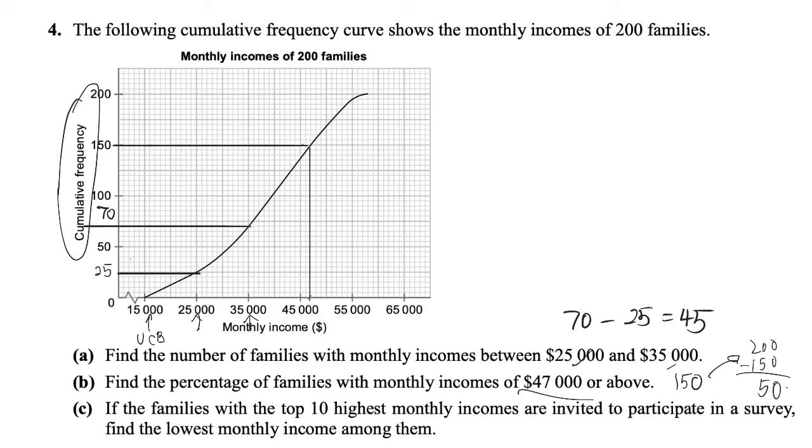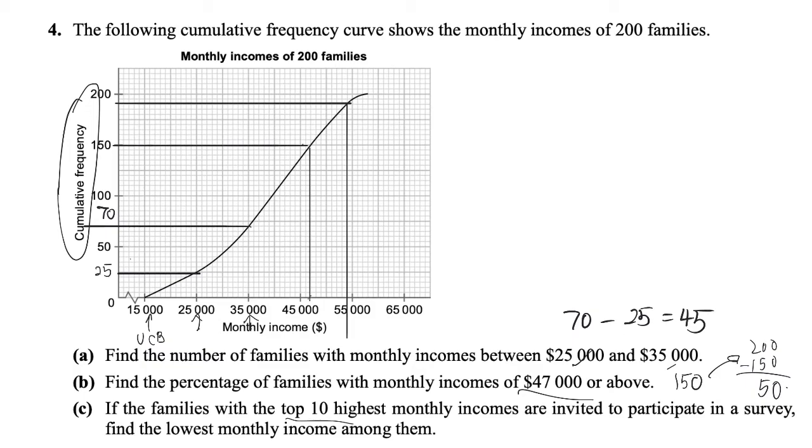So the last one is about the top 10. That means you're going to find out this one, which is 190 here. And that is why when you draw the line like this one, you can see it here will be like this.